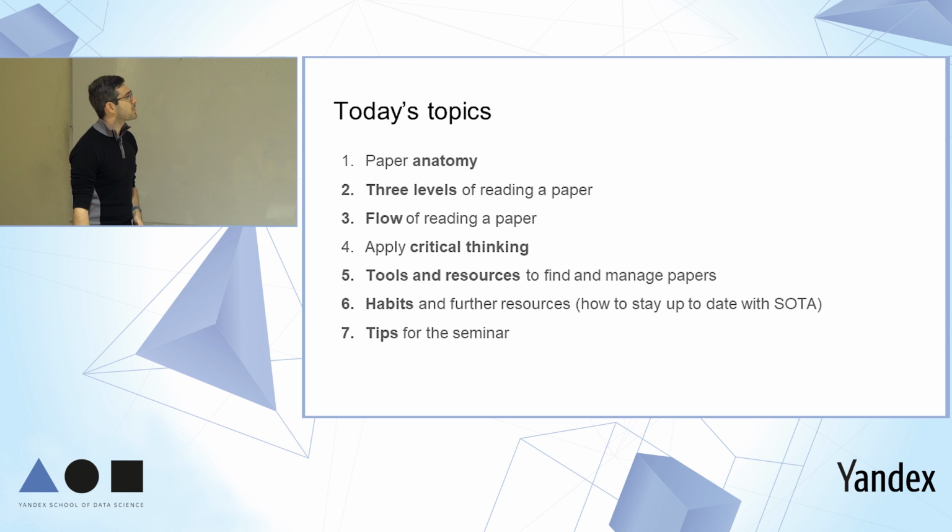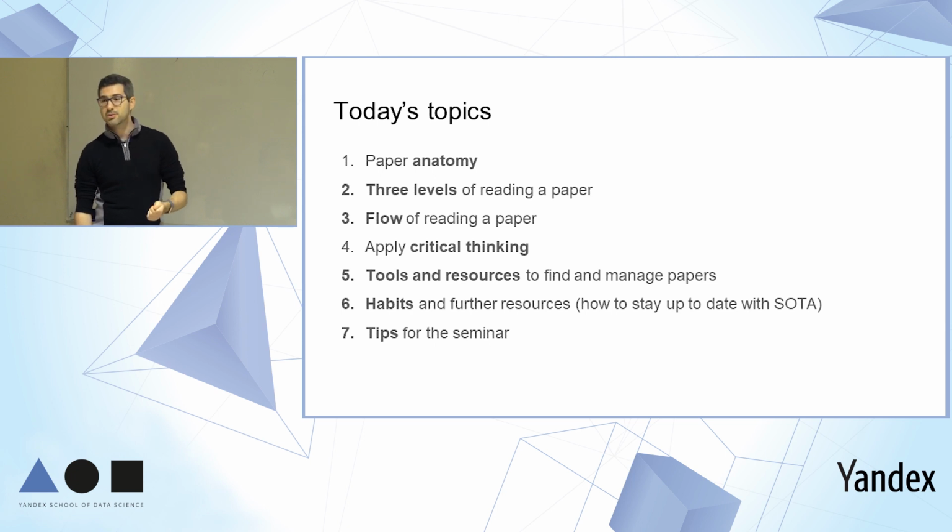So what are we going to talk about today? We'll present the basic anatomy of a paper. We'll be quick about it because I see that everybody here already knows that. I'll present what I think is a good way to think about how to read a paper in 3 circles and 3 levels of reading, and what sort of flow that creates.